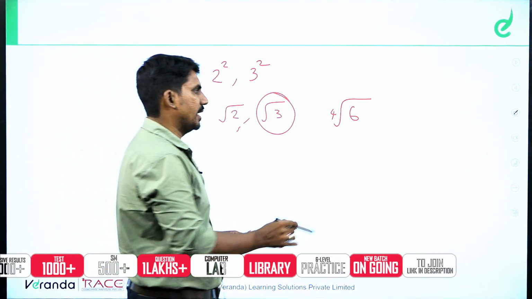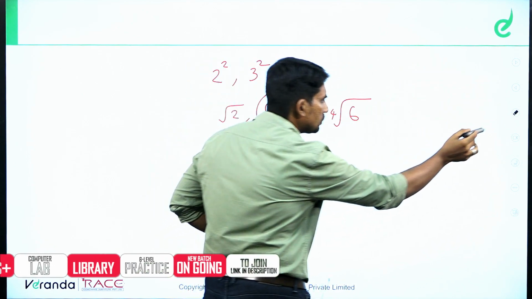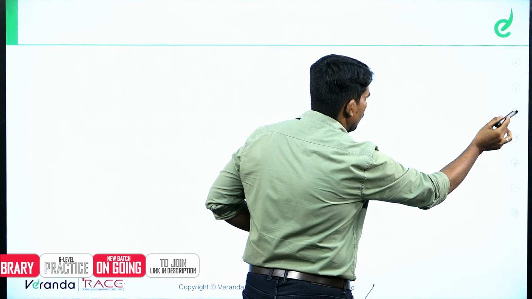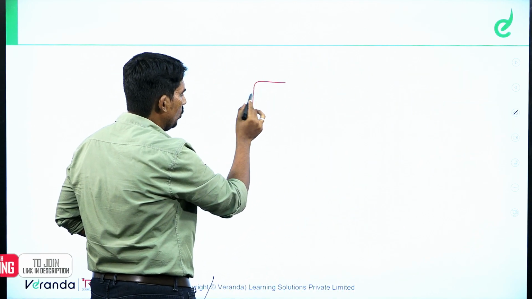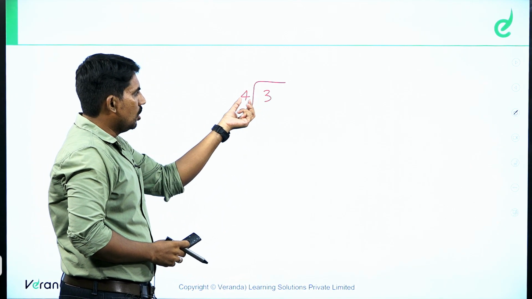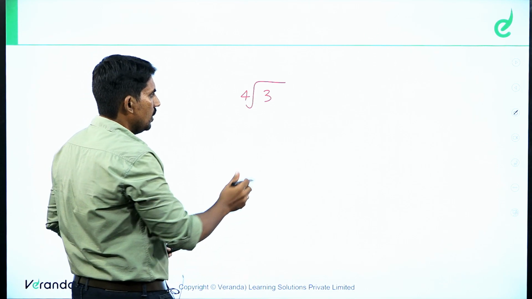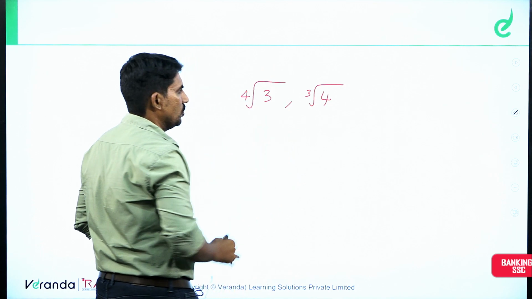For that, what is the technique, listen. Here we take an example. For example, we have taken the fourth root of 3, that is 3 root 4, and here 4 root 3, the cube root of 4.